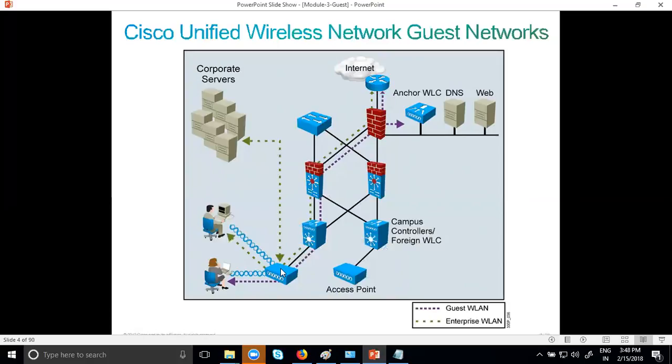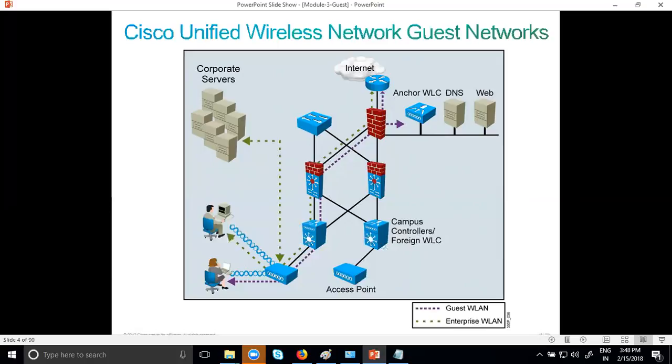But if the traffic is coming from the guest SSID, it will not be processed by this foreign controller, it will be processed by the anchor controller. And this anchor controller is in the DMZ. It is not in our segment.